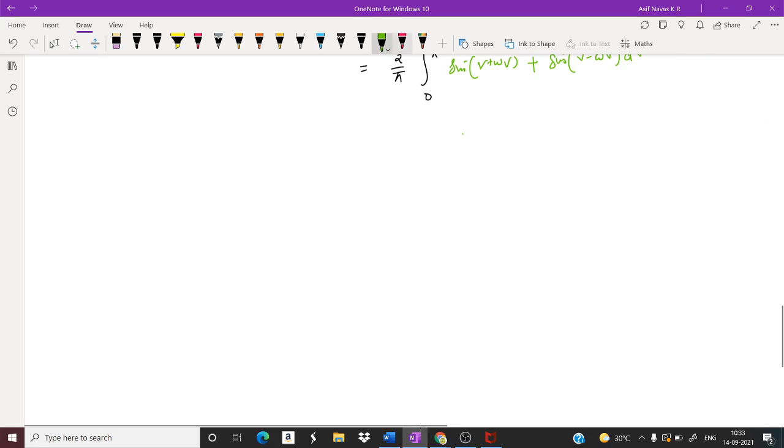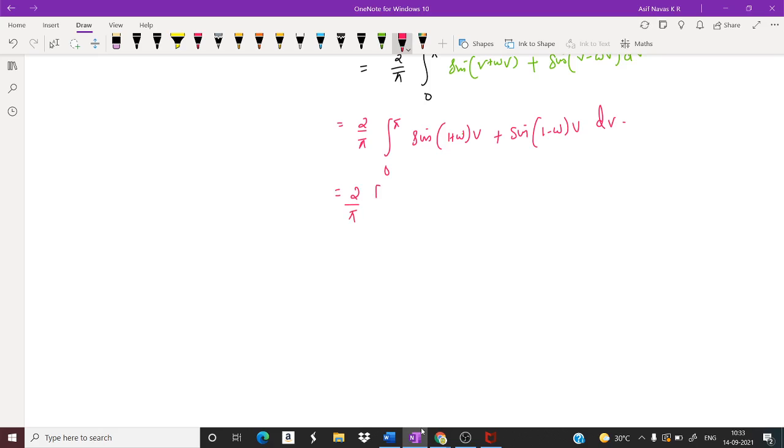So this is equal to 2 by pi integral 0 to pi of sin of v plus omega v, that is 1 plus omega v, plus sin of v minus omega v, that is 1 minus omega v, d omega dv. 2 by pi. Okay, what is the integral of sin of 1 plus omega v? Is it cos or minus cos?